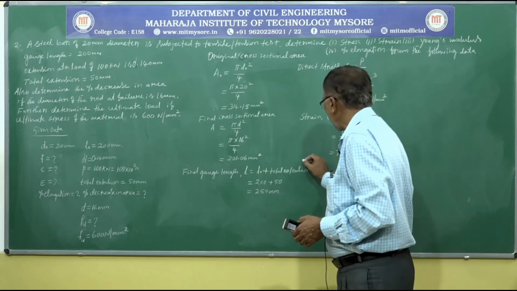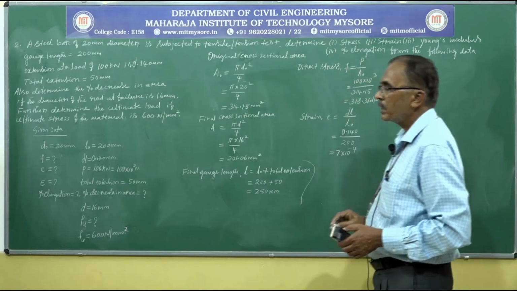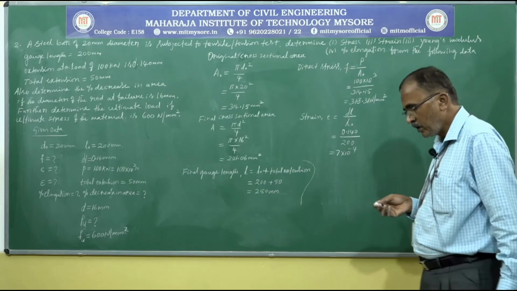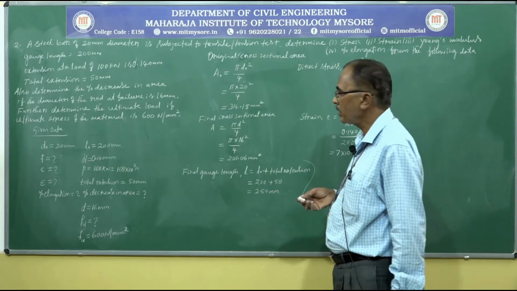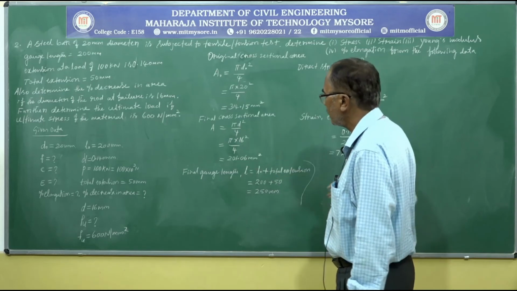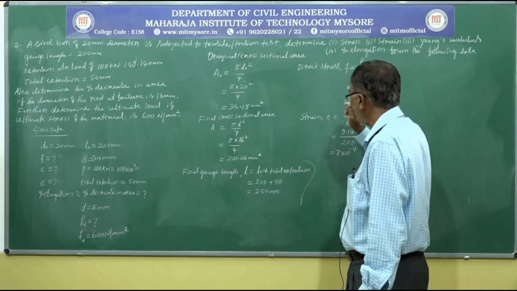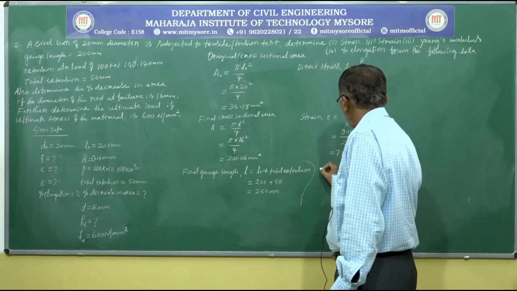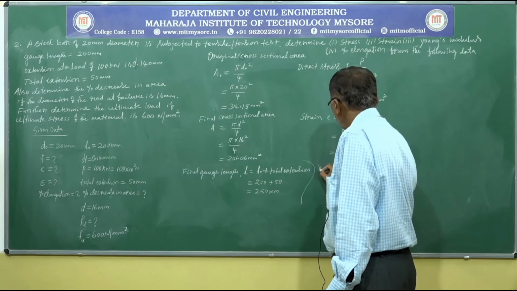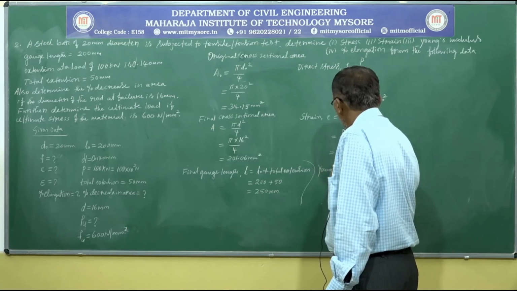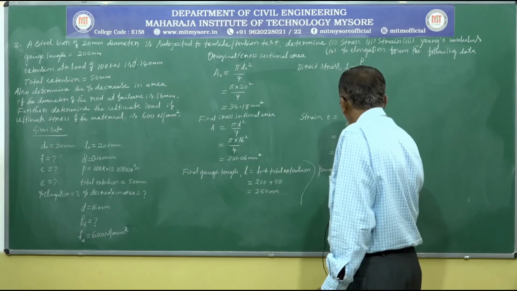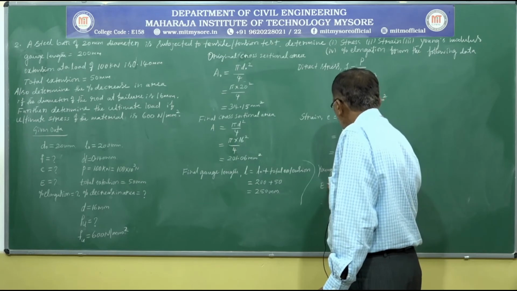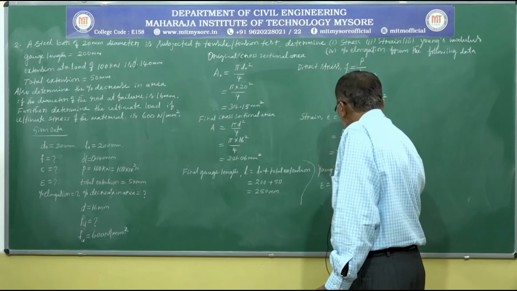Next it is Young's modulus. We can calculate Young's modulus in two ways: using the general expression for change in length, delta L is equal to PL by AE, or directly by using the calculated stress and strain. So let us calculate Young's modulus by using the calculated stress and strain. E is equal to stress divided by strain.